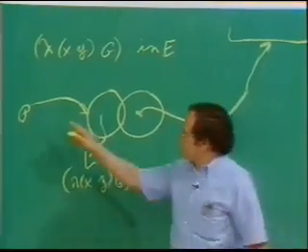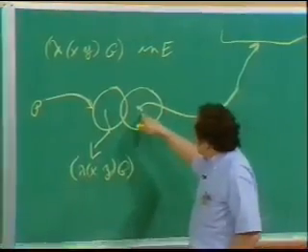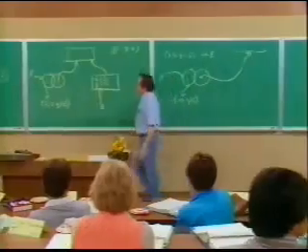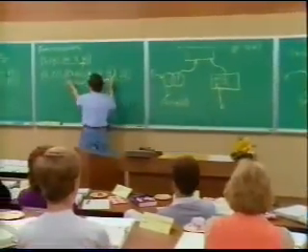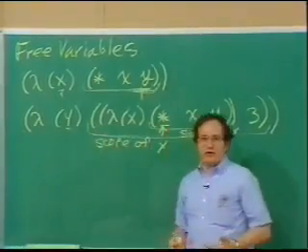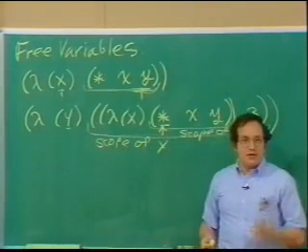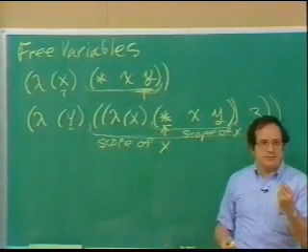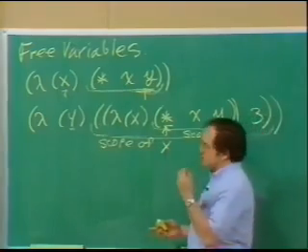So this produces for me this object here, this environment pointer, which captures the place where this lambda expression was evaluated, where the definition was used, to make the procedure.